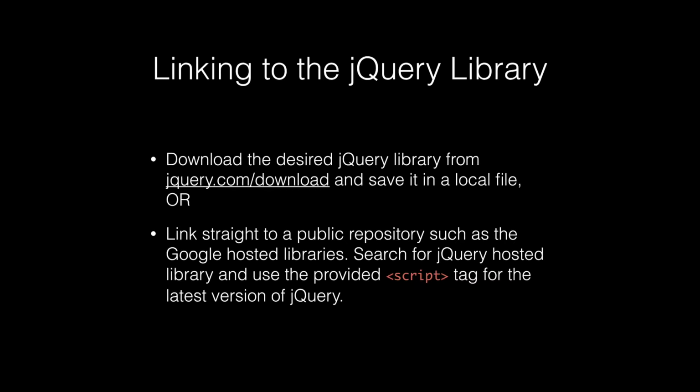You can download the source code from jQuery.com/download, save it into a local file, and then link that in. Or you can link straight to it using a public repository, such as the Google hosted libraries. You just search for jQuery hosted library in your browser and use the provided script tag for the latest version of jQuery. We will do some examples of this in just a moment.